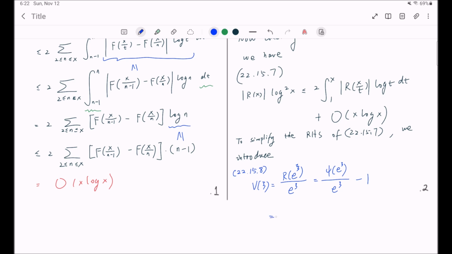Or if you want to write one step further, because psi was defined as the sum of lambdas, this is the sum for n less than or equal to e to the psi of lambda of n. And now let us plug this new definition back to here and use a change of variable.